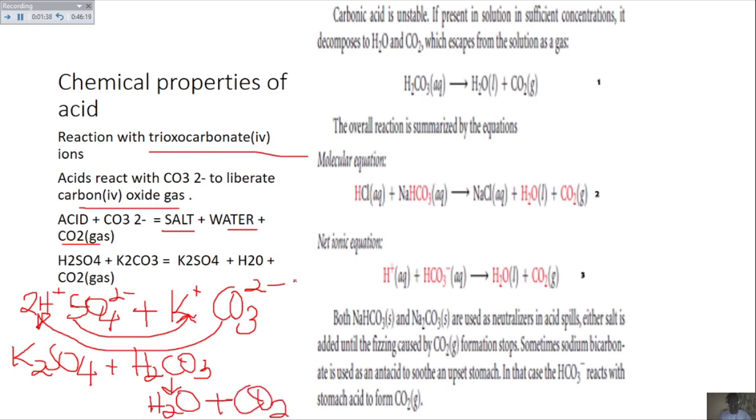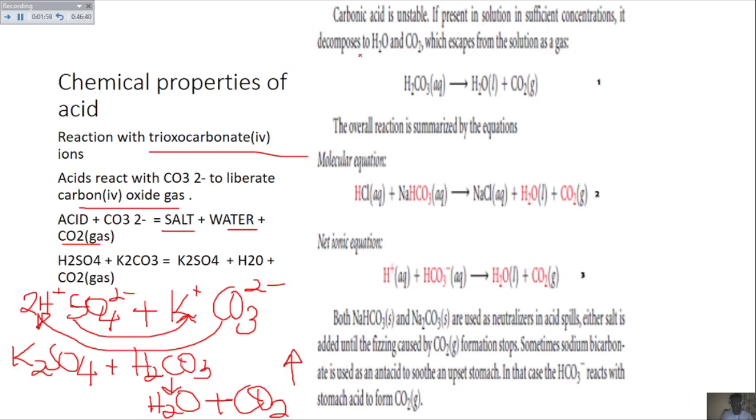Therefore, when the acid reacts with carbonate ions, they are going to give carbon dioxide. And when you look at it, we say carbonic acid is unstable. If present in solution in sufficient concentration, what happens?